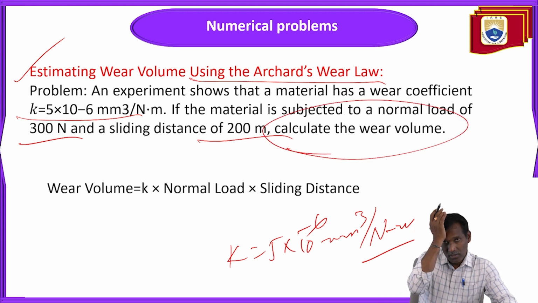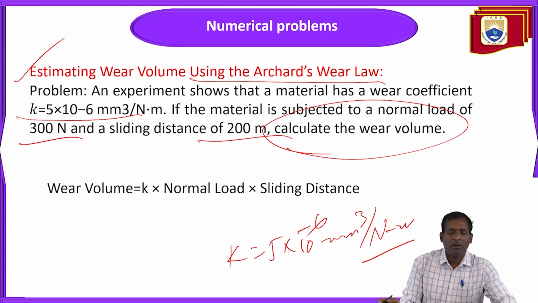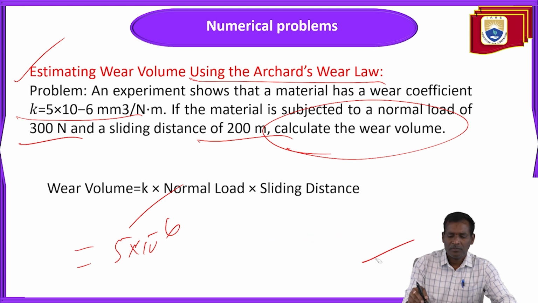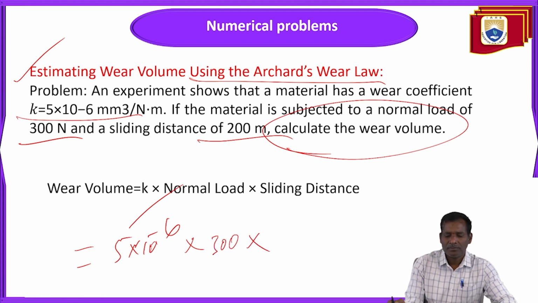Already you know, according to this law, the wear volume is K multiplied with normal load and sliding distance. The normal load is 300 newtons and sliding distance is 200. So now substitute here 5 into 10 to the minus 6 multiplied with the normal load 300 and sliding distance 200.